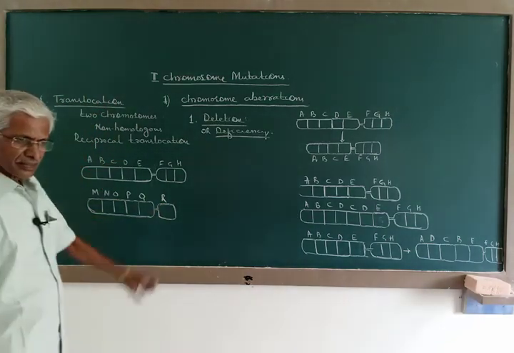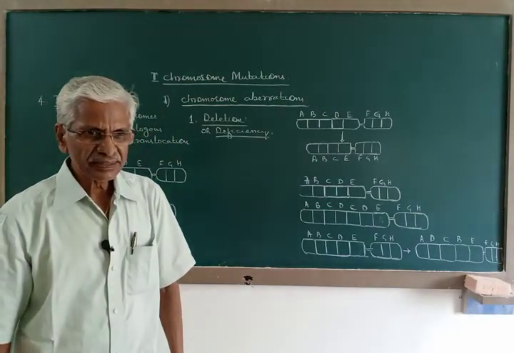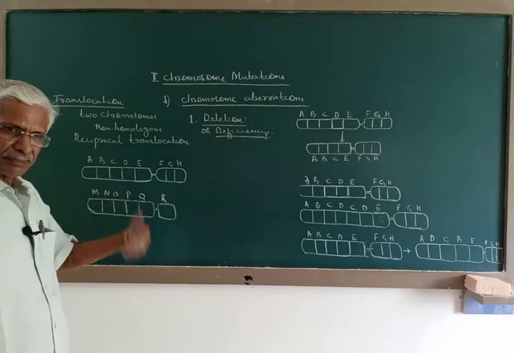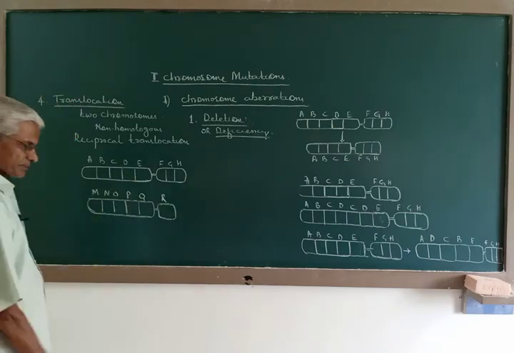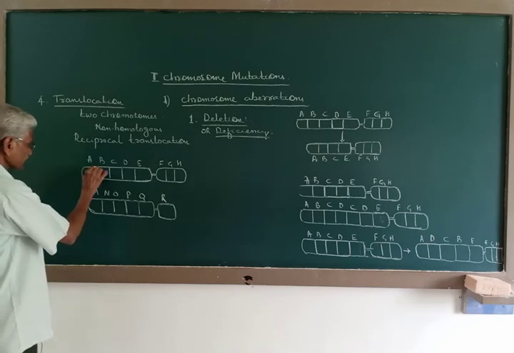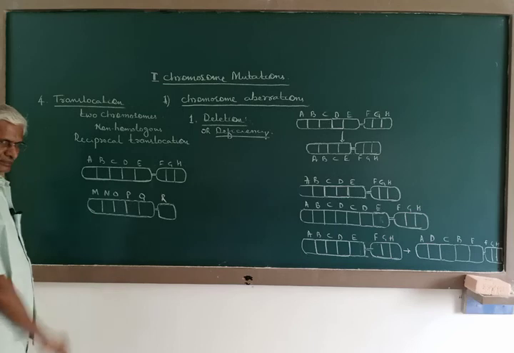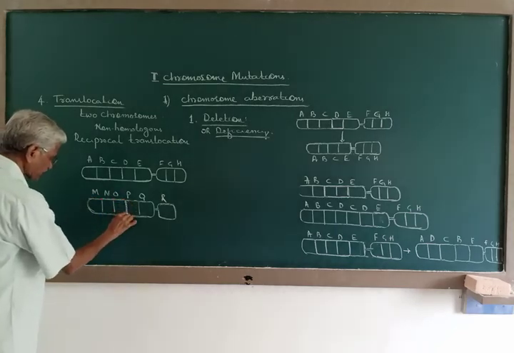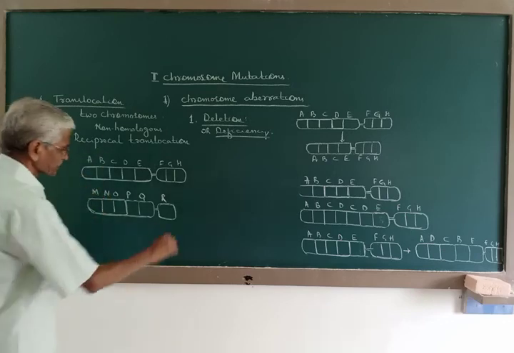Now, between these two non-homologous chromosomes, the segments are reciprocally interchanged. Here this part A and B will get separated, and here M and O, this part gets separated, and these two are interchanged.